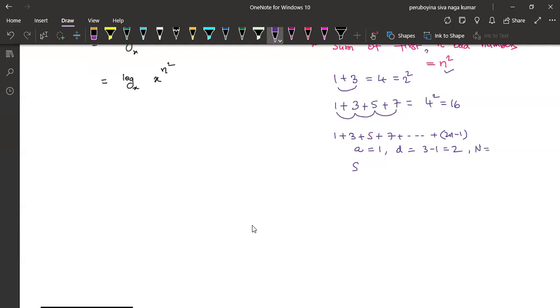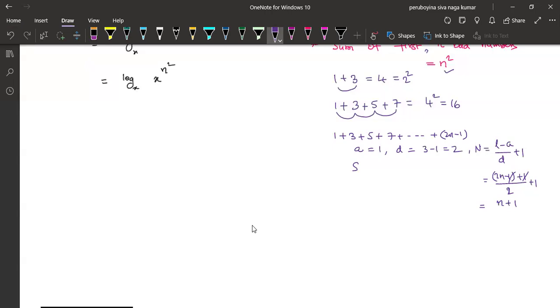Number of terms is last minus first by difference plus 1. Using this formula, we will calculate how many numbers there are. So the last number is 2n minus 1, minus first number 1, divided by common difference 2, and at last plus 1. So minus 1 plus 1 cancel, 2 got cancelled. So n plus 1 terms.